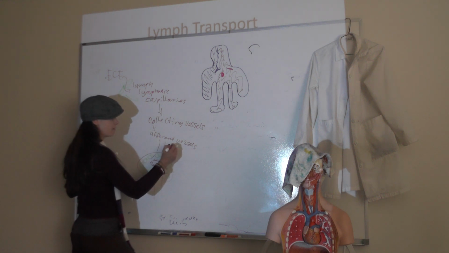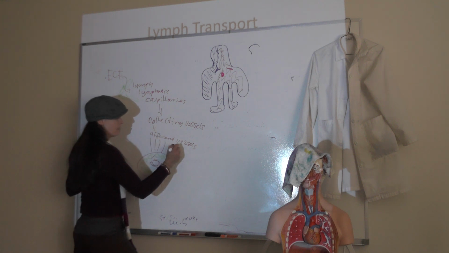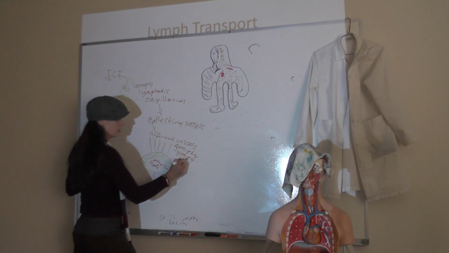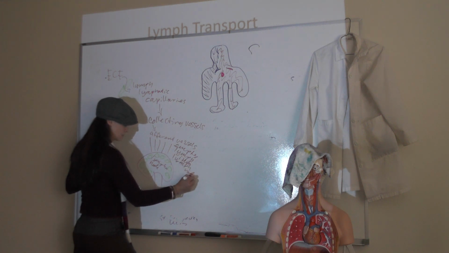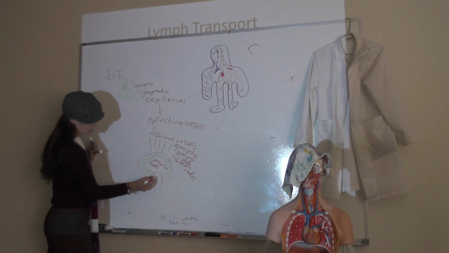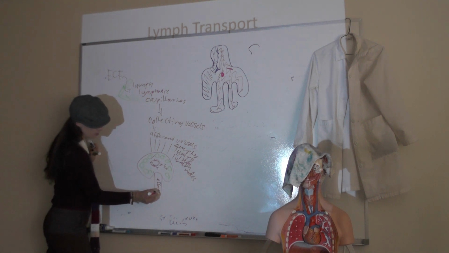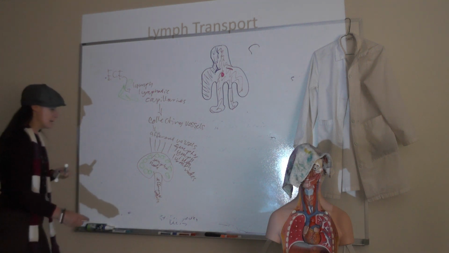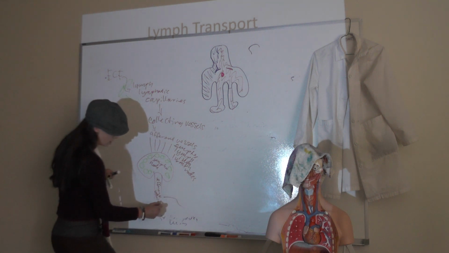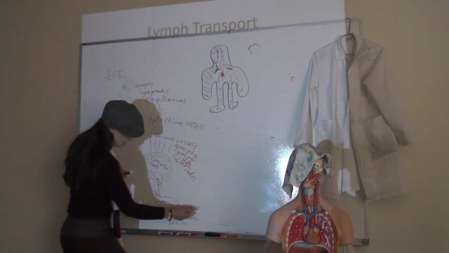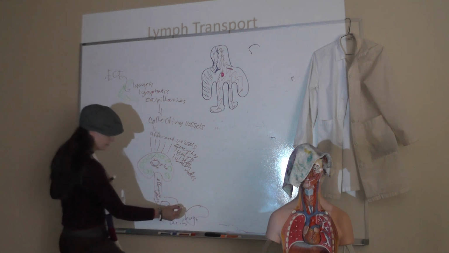So afferent vessels empty lymph into lymph nodes. And then our lymph nodes are going to drain into efferent vessels that take the lymph away. Now these efferent vessels can go and become the afferent vessel for the next lymph node.